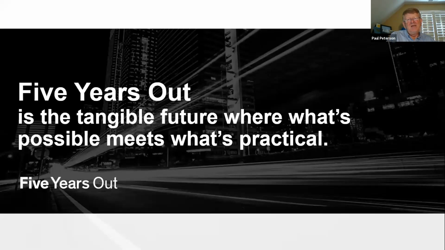So with that, you may have seen throughout this presentation this 5 years out. It's our marketing logo that says that's where the tangible future meets what's practical. So the things that are possible is meaning what's practical. 10 years out is still science fiction. We don't have the technology, the silicon yet to implement that.